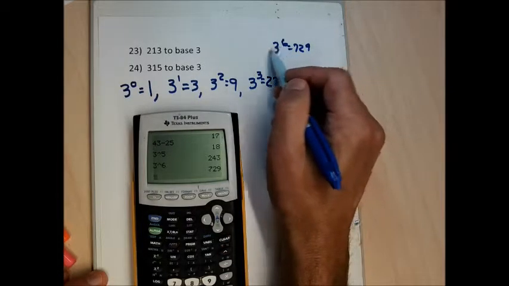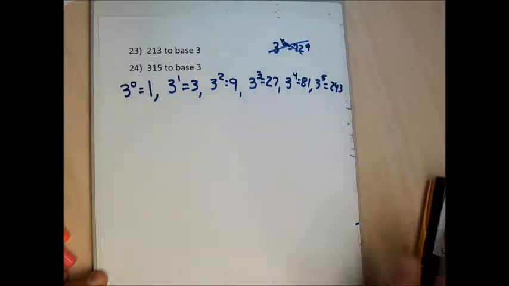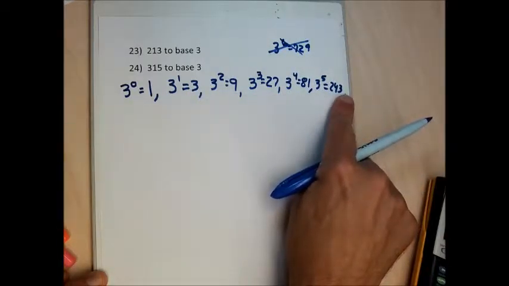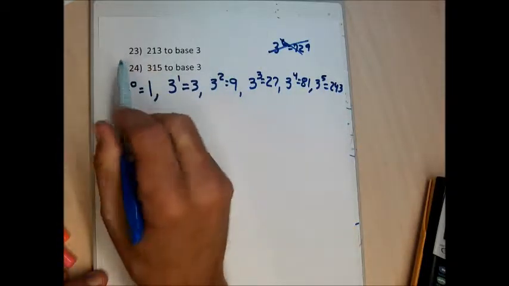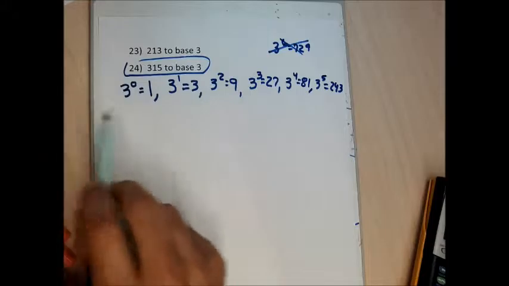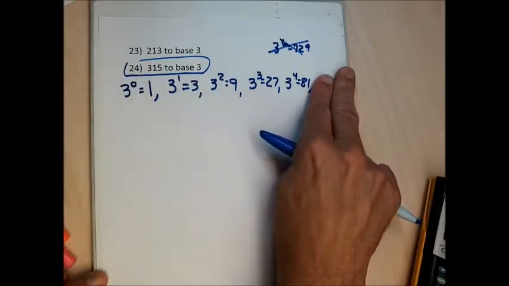So I'm not going to worry about it. I need to subtract every power of 3, unfortunately, that's less than 315. So I'm doing this. Your problem is going to start similarly, except you're not going to have a 243.